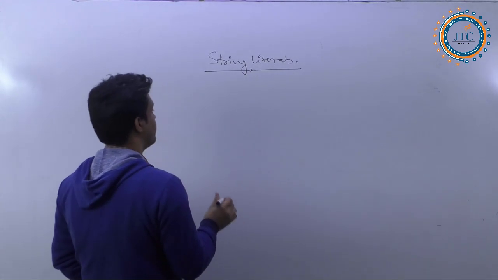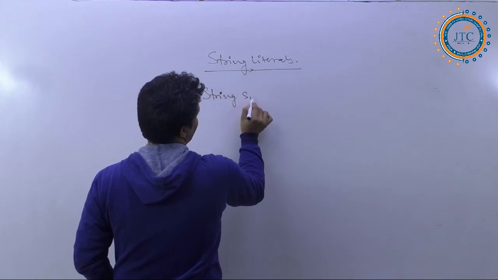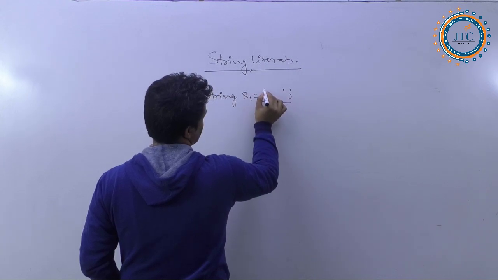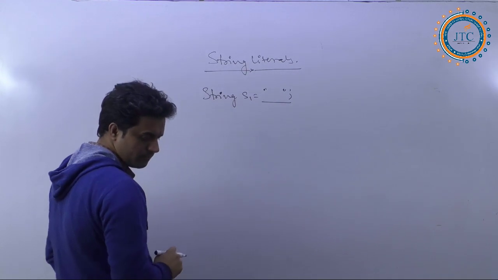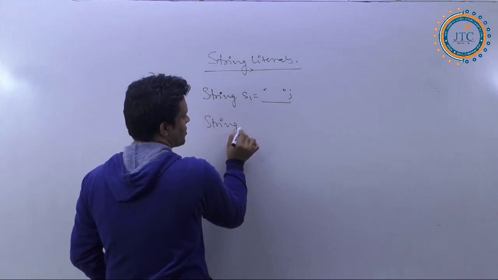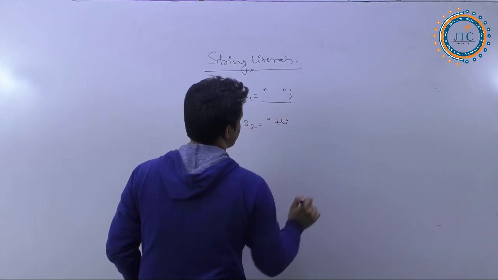So let's say string s1 is equal to, you can write the double quotes like this. Anything must be there inside the double quotes. Well, next case here, I'll write string s2 is equal to, within double quotes, hi.